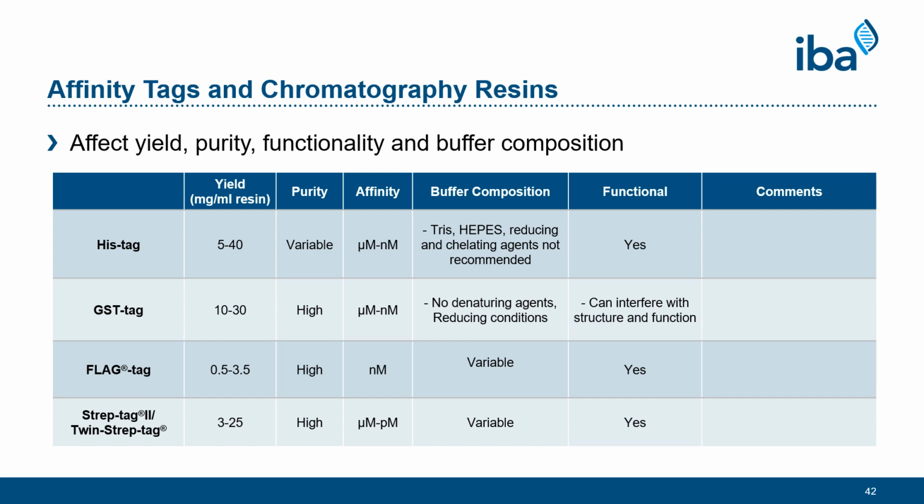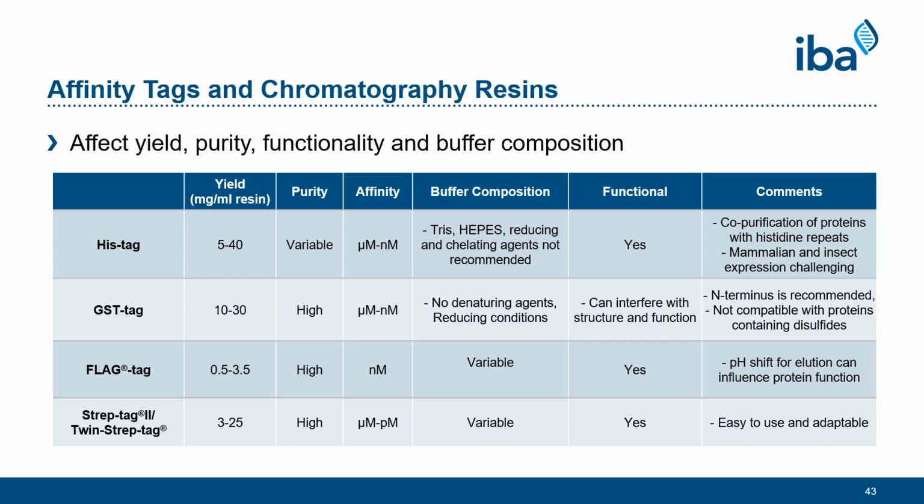That means proteins that are purified with the His tag or GST tag can be functional if the buffer composition suits, but the size of the GST tag can interfere with the structure and function. Furthermore, for the GST tag, only the N-terminus is recommended, and the tag is not compatible with proteins containing disulfides.